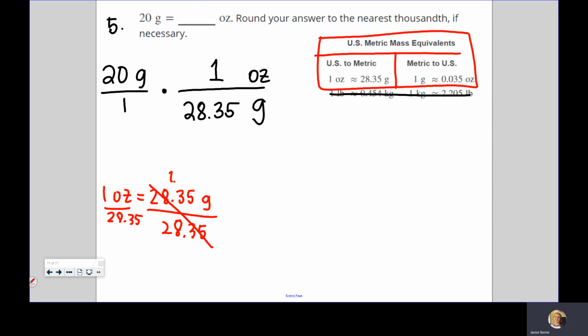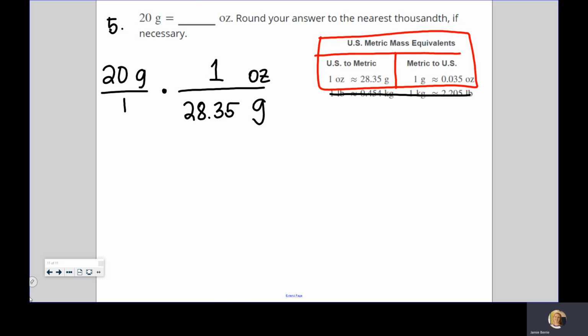That cancels out, becomes 1. And that's where that number comes from. It's 1 divided by 28.35. So that should be somewhere around 0.035 if you divided that. I just used this one. I didn't even write this one down on mine. So just choose one of them. You don't need both.